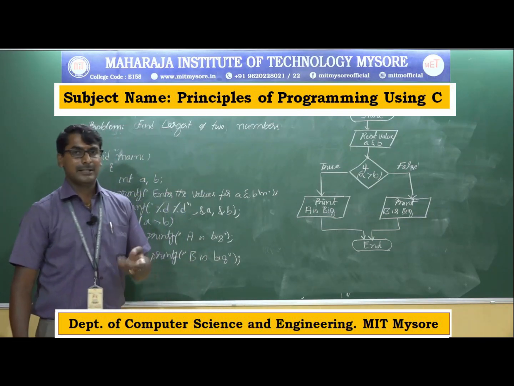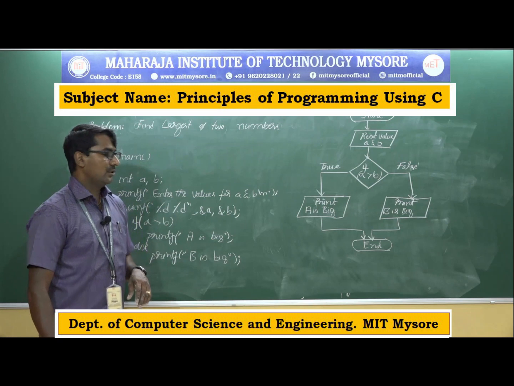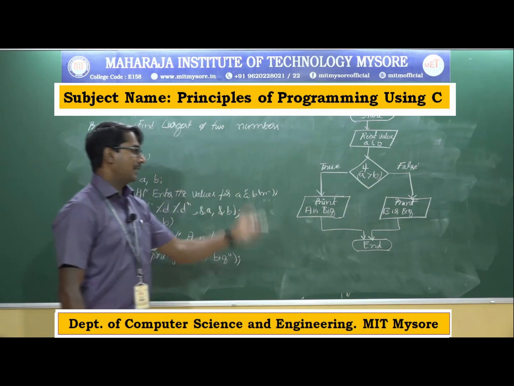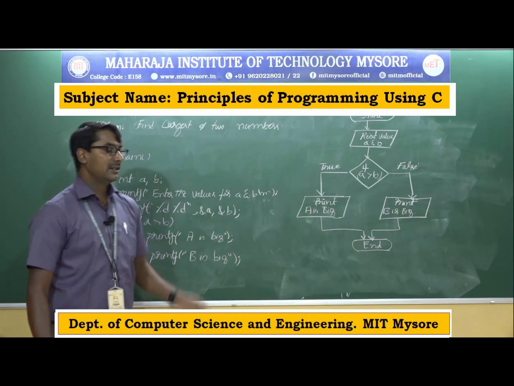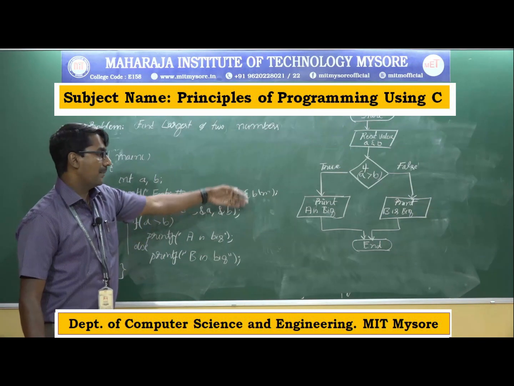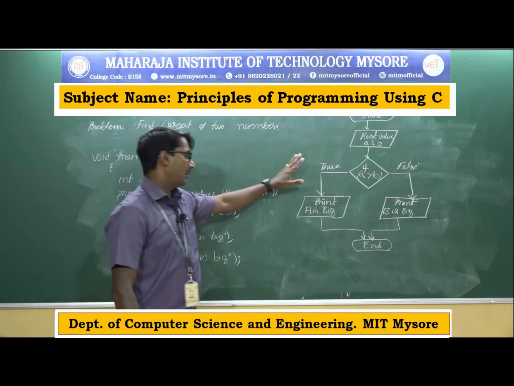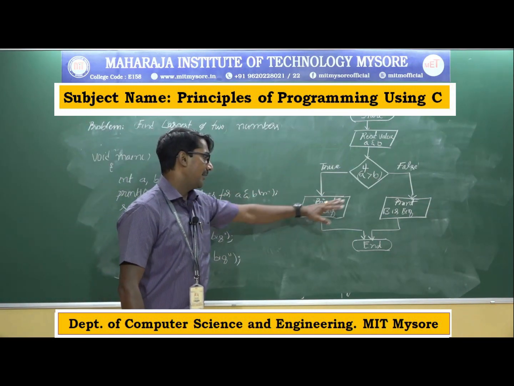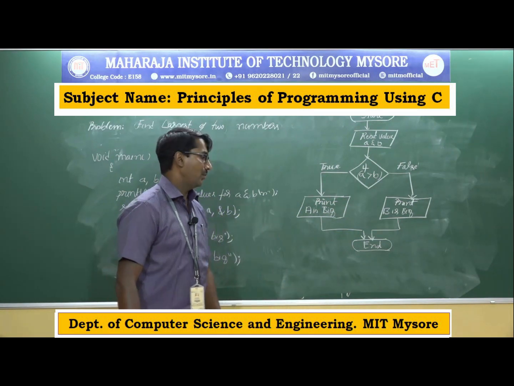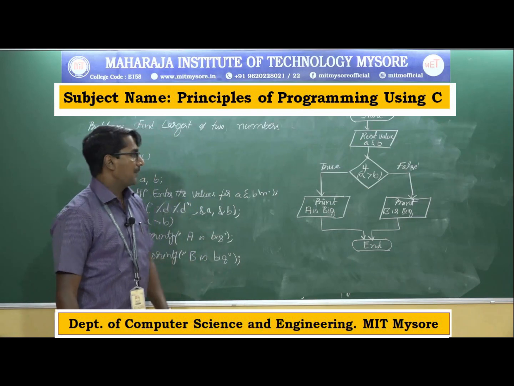If the condition is false, the else block will be executed. Only one statement executes at a time. After executing either statement, it will move to the statement X. In this program, after executing the true block statement or else block statement, it will move to the end of the program.